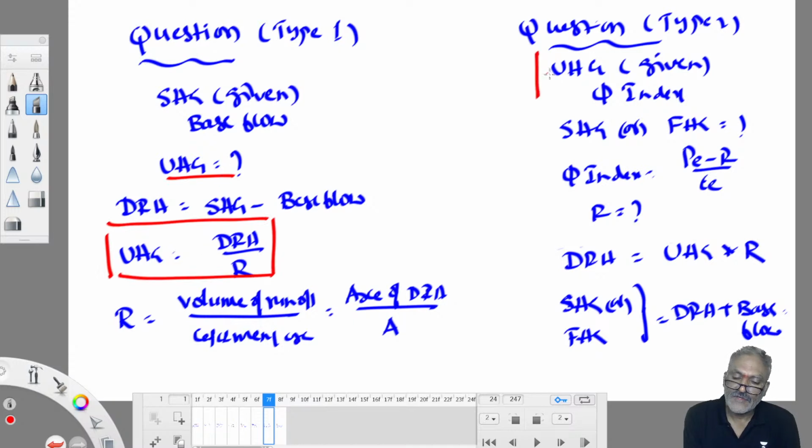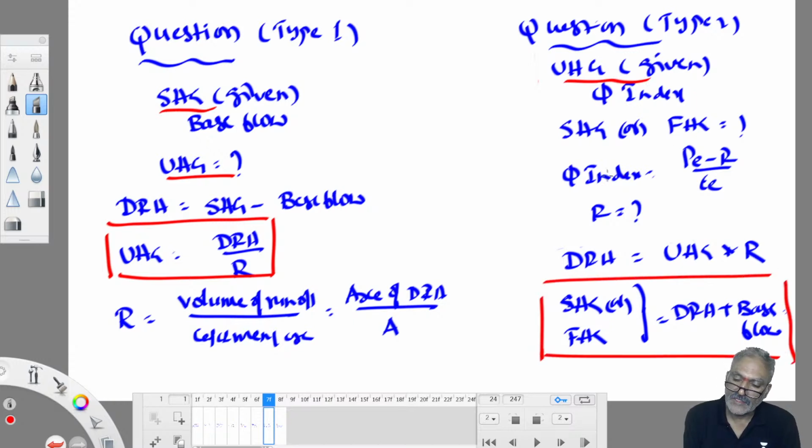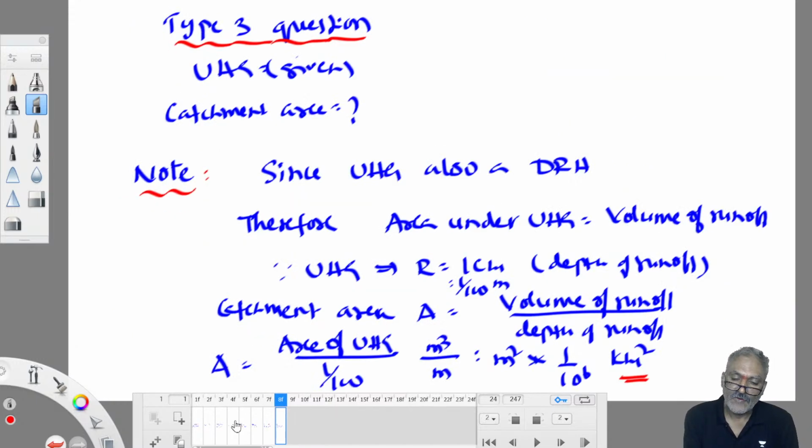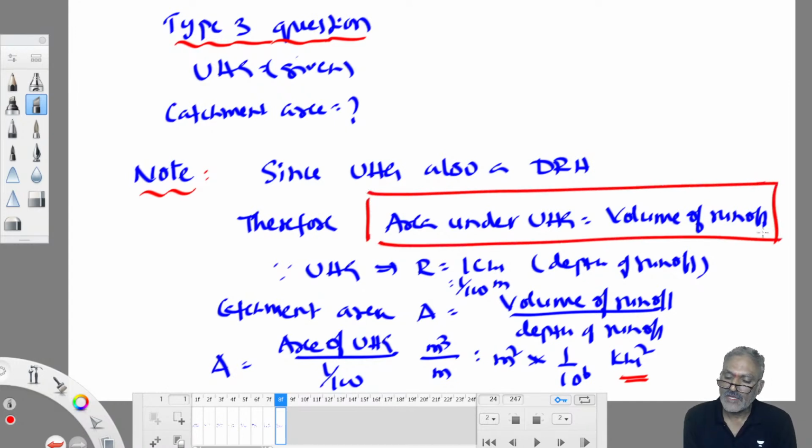Whenever a unit hydrograph is given to you, you are expected to find out the storm hydrograph or flood hydrograph, which is equal to direct runoff hydrograph plus base flow. For that, there is information to work out runoff also. The third type is, whenever a unit hydrograph is given, you are expected to find out the catchment area. Therefore, area under the unit hydrograph is also equal to volume of runoff.